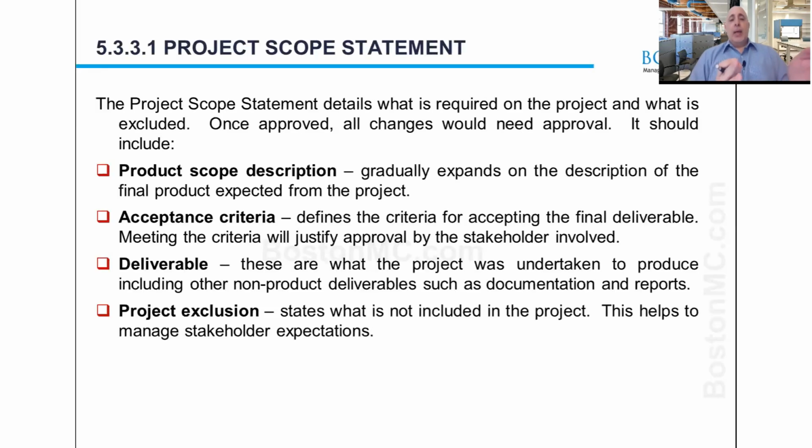All right, so once you've analyzed the product and you use all these techniques, the outcome that you're going to get is a scope statement. The scope statement details what is required on the project and what is not required, what is excluded from the project. Now, you might be saying, well, isn't it by default agreed that whatever we don't put in the scope statement is not included?